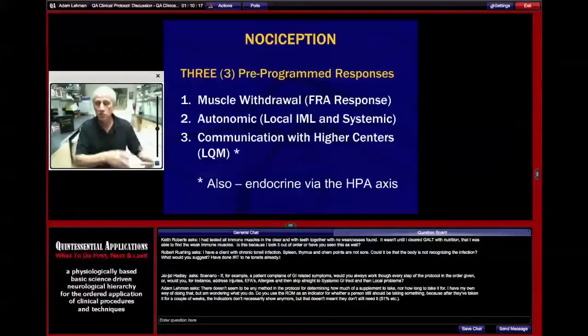The local response, we remember, is turning off the blood supply to the area so that if you're bleeding internally or externally, the ability to bleed to death gets reduced, which is a good thing. And then communication with higher centers, both location, quality, and memory of the injury and the pain and the dysfunction, as well as communication to the limbic system to create that emotional response that we call pain. There's also an endocrine response via the hypothalamic pituitary adrenal axis.